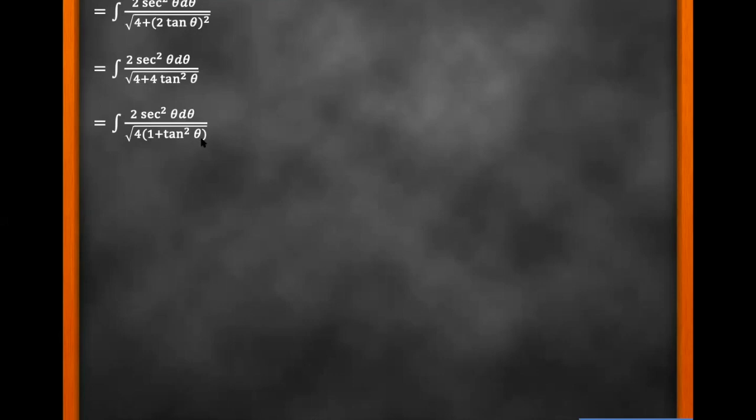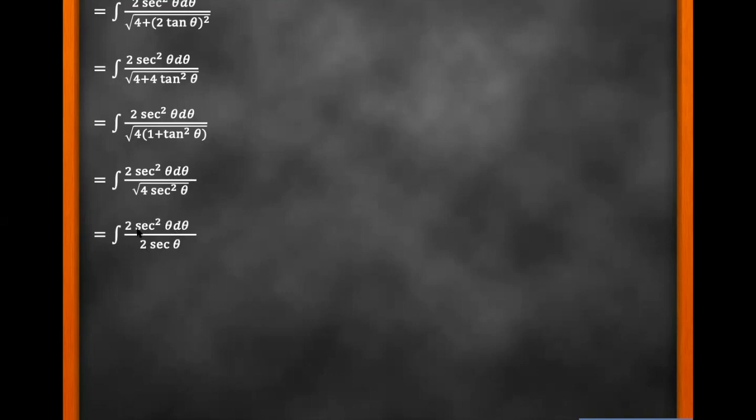So as you notice, 1 plus tangent squared theta is equal to secant squared theta. So now we replace this 1 plus tangent squared theta by this identity, secant squared theta, inside the square root symbol. Now we take the square root of 4 secant squared theta, and we have now 2 secant theta.